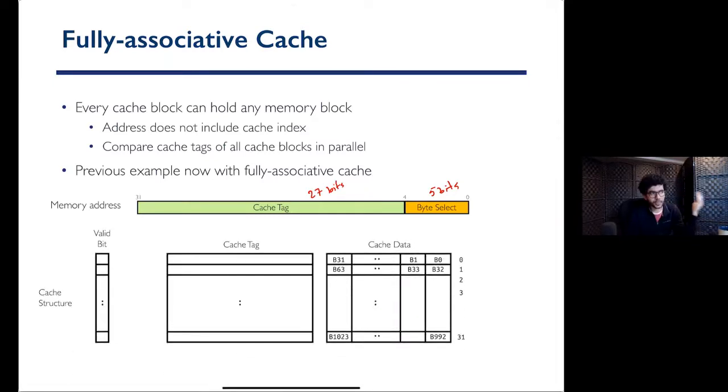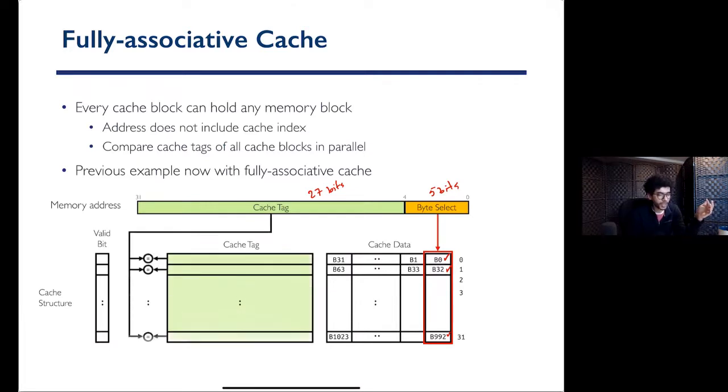Now, this is going to be the most expensive hardware to search, obviously, because my data could be anywhere in the cache. So the first thing is I'm going to choose the corresponding byte using my byte select. So now it could be this byte, it could be this byte, it could be any of these bytes. So these are all the particular bytes for all the blocks.